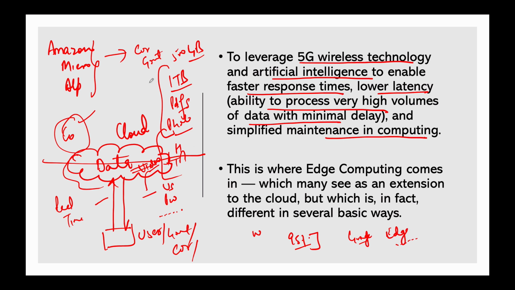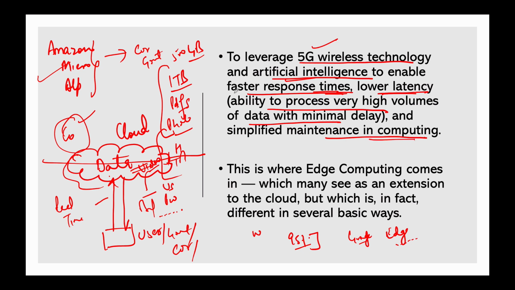That is why these technological giants want to reduce this time also. They feel you should be able to access the data from the cloud in real time. Even this buffer time should not occur. So that is why they want to integrate 5G wireless technology and artificial intelligence to enable faster response times. There should be lower latency, that means you should be able to process high volumes of data with minimum delay and simplified maintenance in computing.